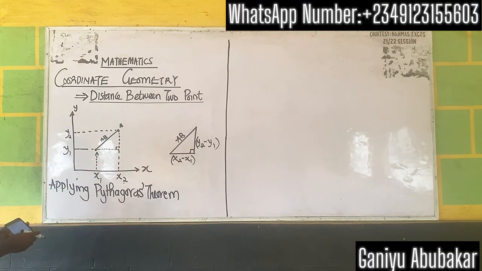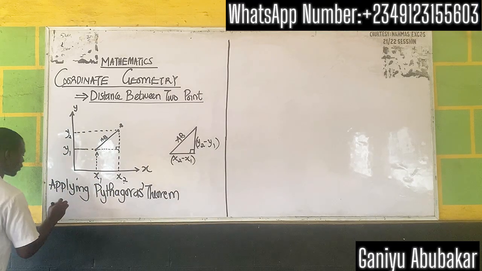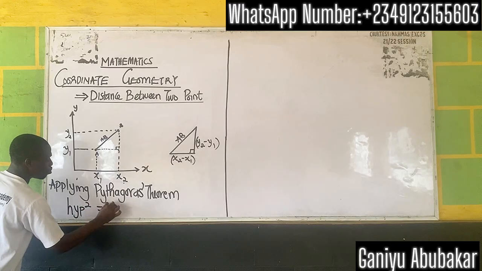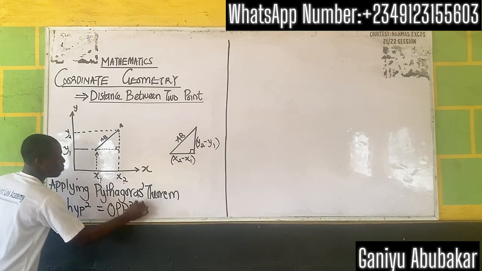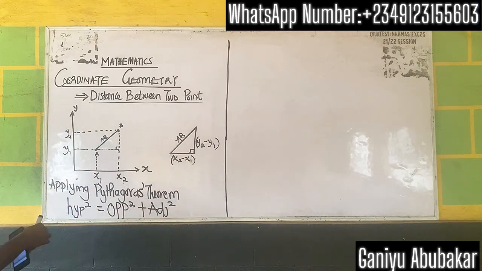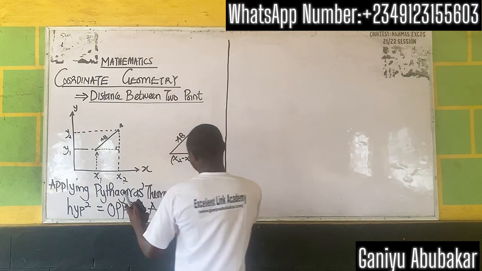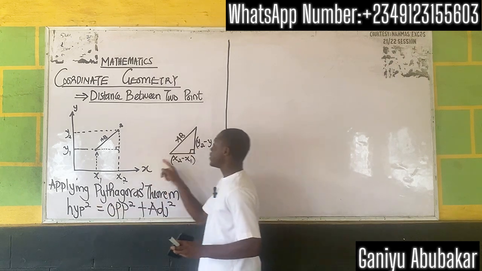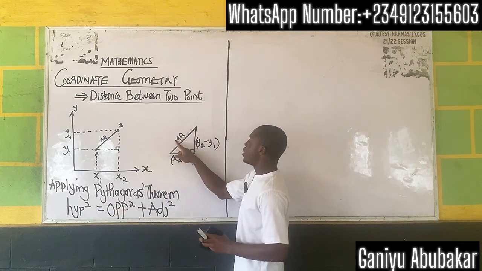By applying Pythagoras theorem, we said hypotenuse square is equal to opposite square plus adjacent square. That's the formula for Pythagoras theorem. So I apply this concept here. What do we get? The hypotenuse is the longest side. This part, the longest side, gives you AB squared.